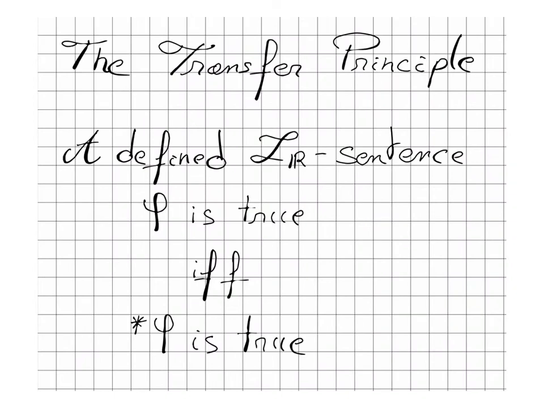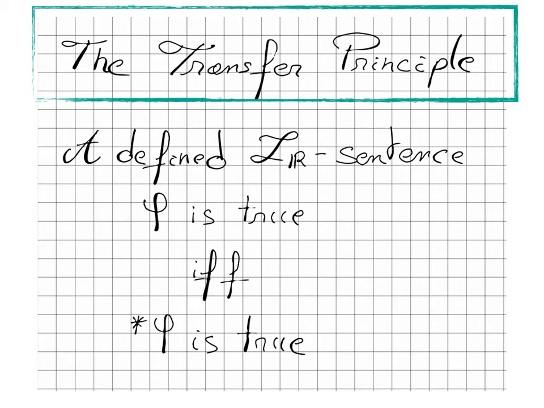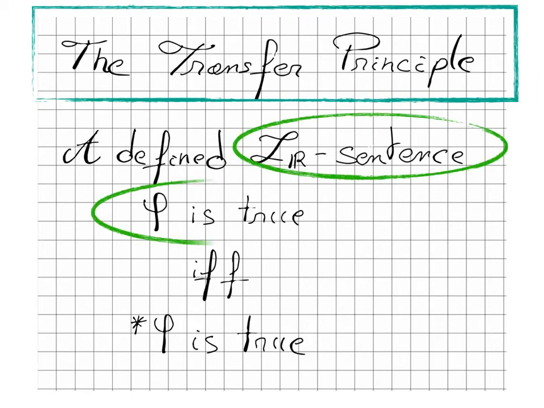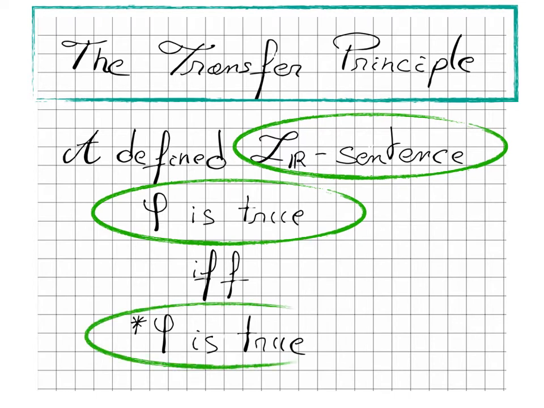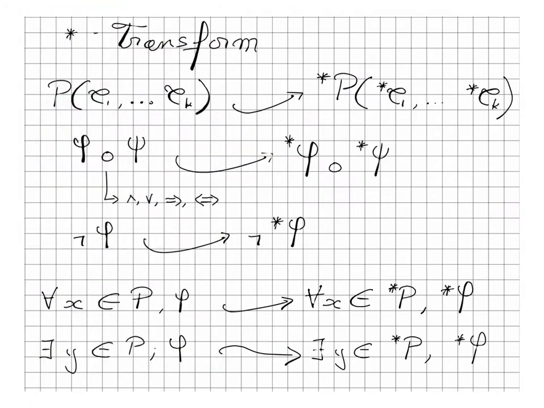So I can now tell you about the transfer principle, which states that a defined LR sentence, call it phi, is true if and only if the sentence star phi is true. The question left here is how do we transform a sentence phi to the language of the hyperreals?